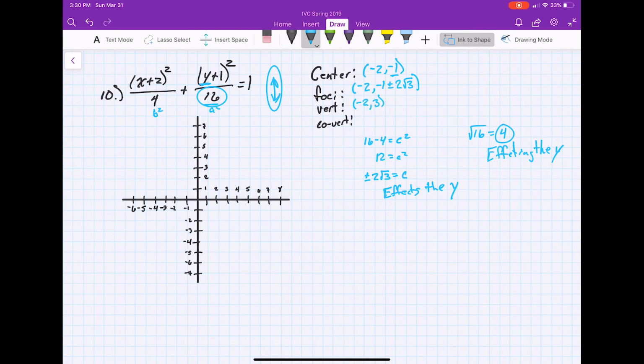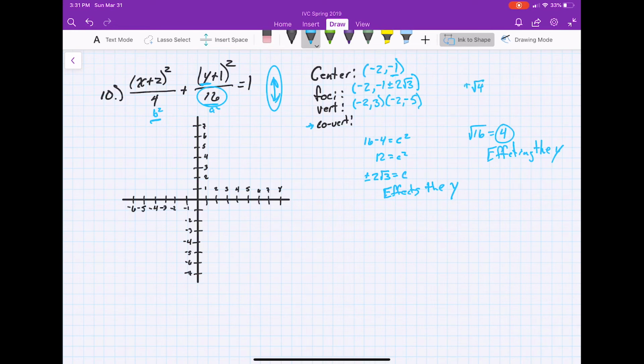That's -2, 3, and -2, -5. I just moved the 4. The square root of my a squared is 4, so it's 4 up on my y and 4 down, so 4 up from this -1.